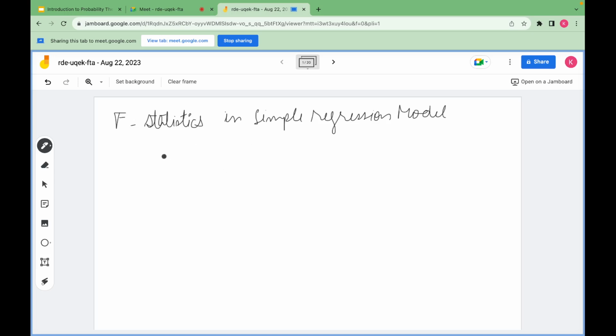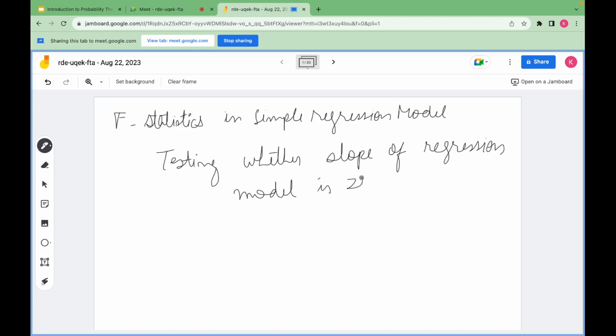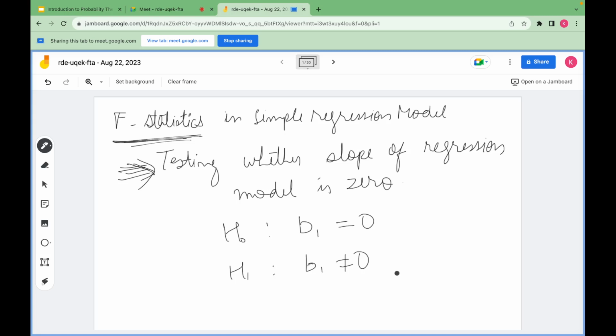In this we are testing whether the slope of the regression model is 0. We are testing this thing in this F statistics test. So this H naught will be that B1 is 0 and H1 will be that B1 is not 0.